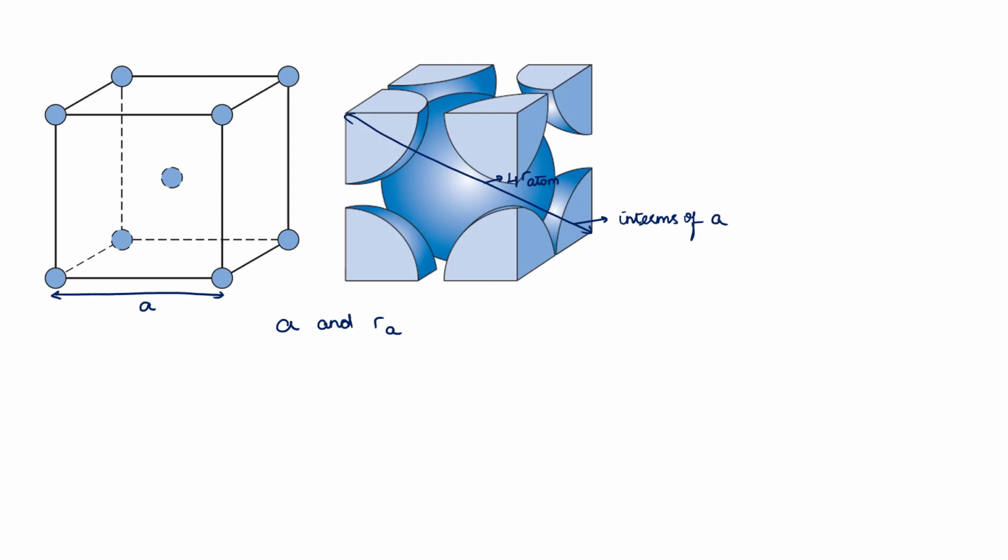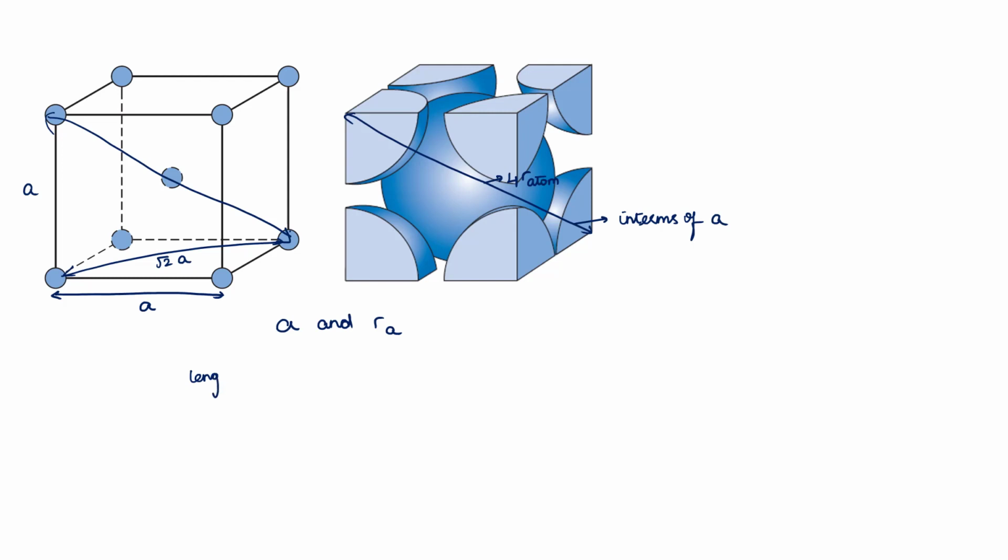On applying Pythagoras theorem, we can find that this face diagonal length is root 2 times the lattice parameter a. So we need to find the body diagonal, for which we can consider the sides root 2 times a and a.